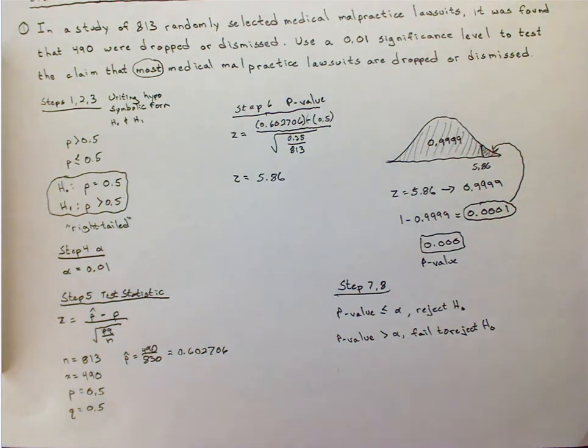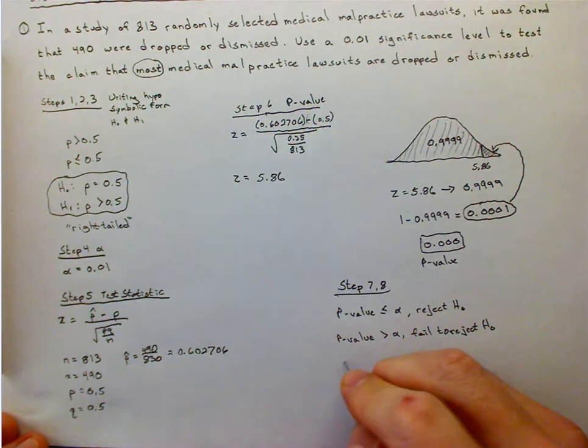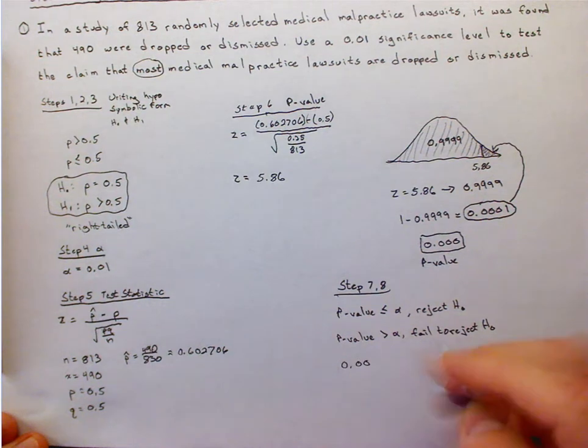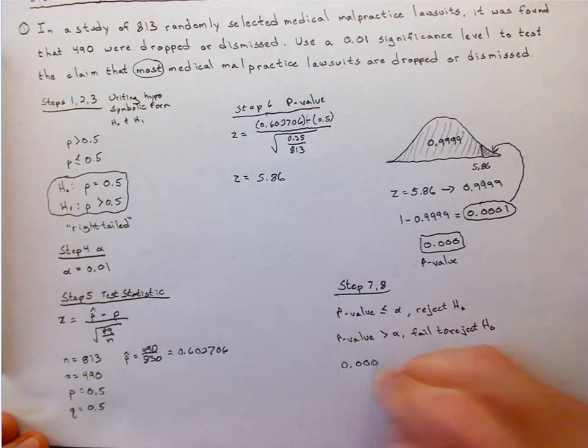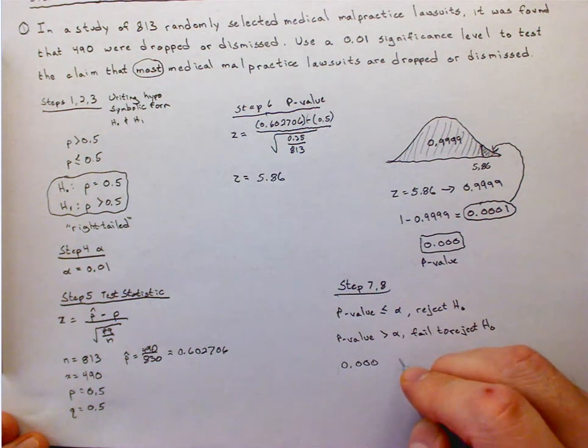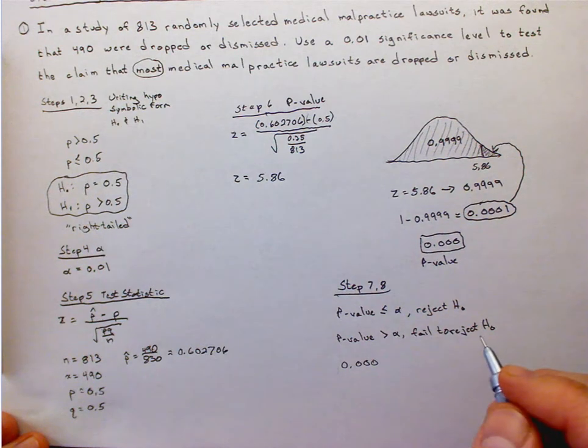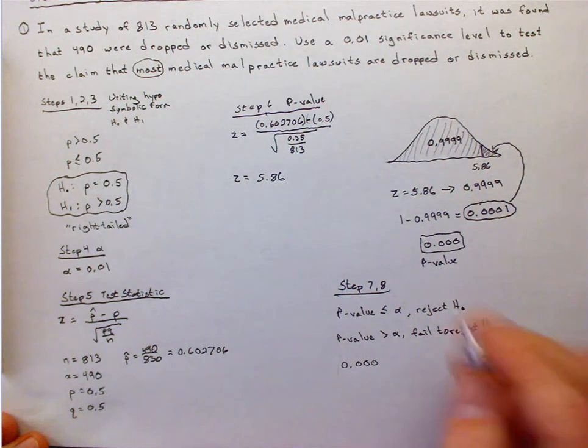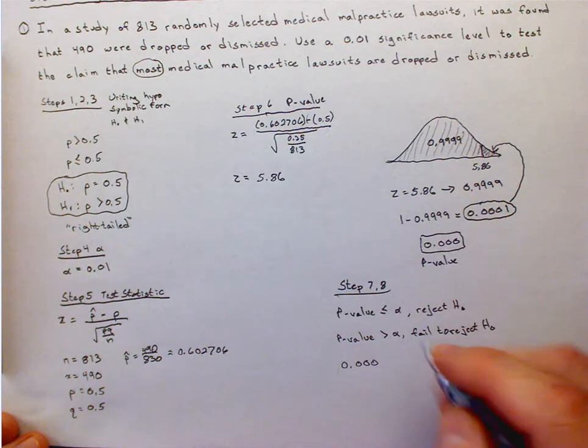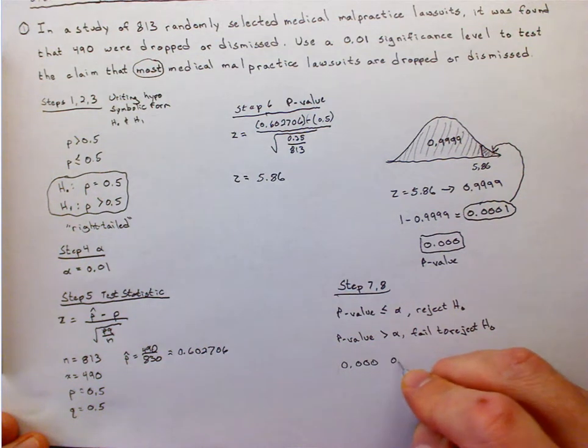So what I do is I write down my p-value, 0.000, and then I write down what my significance is, 0.01.